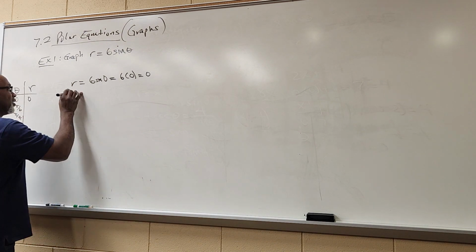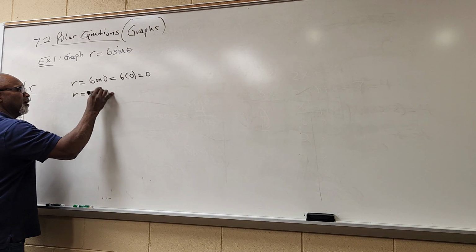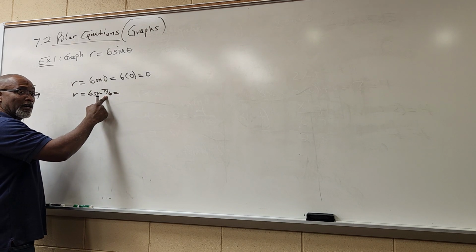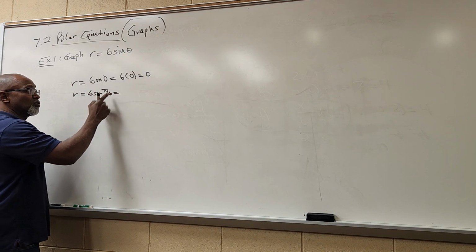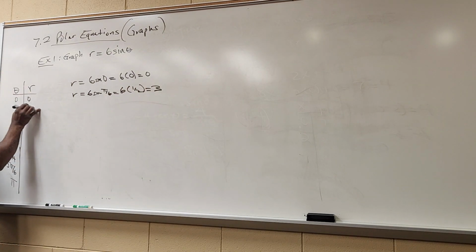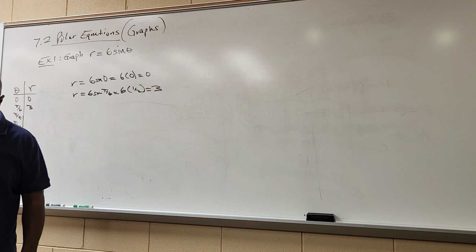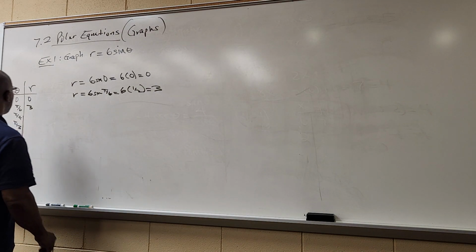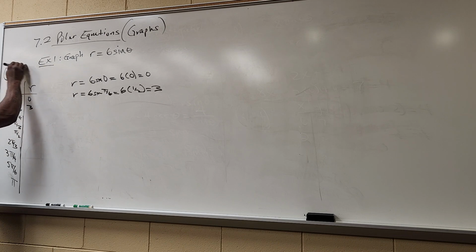When theta is pi over 6, you'd have r equals 6 sine pi over 6. Go to your unit circle. The y coordinate at theta equals pi over 6 is 1/2. That'll be 3. Remember, polar points are always r comma theta.